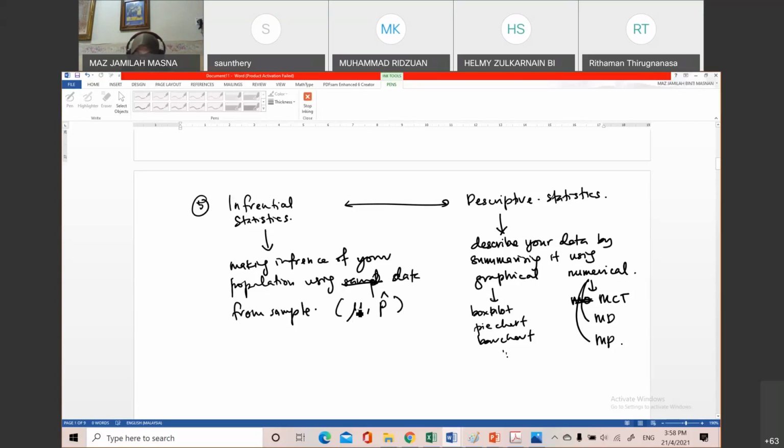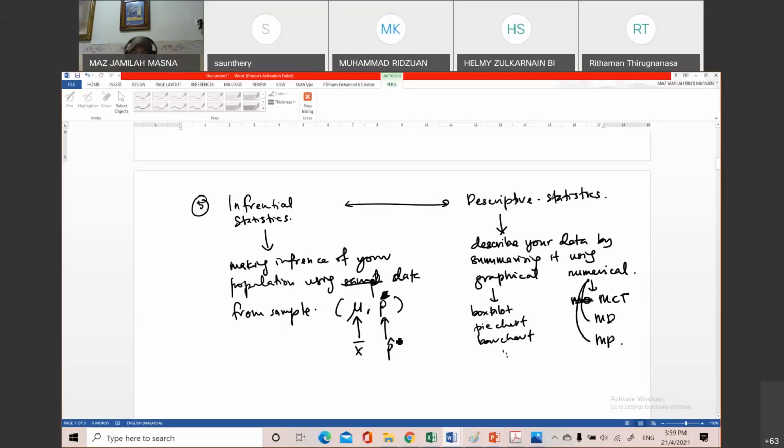So how are we going to use the sample to make the conclusion for the population mean and proportion? We are going to use our X bar and our P hat.